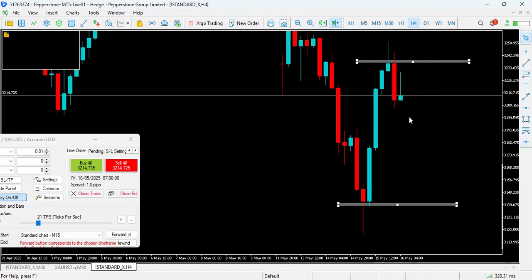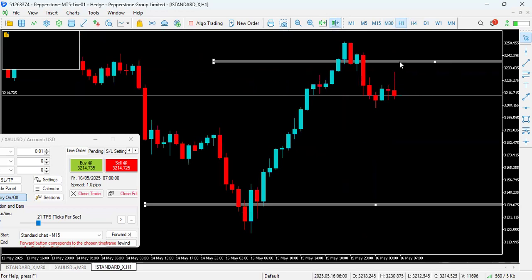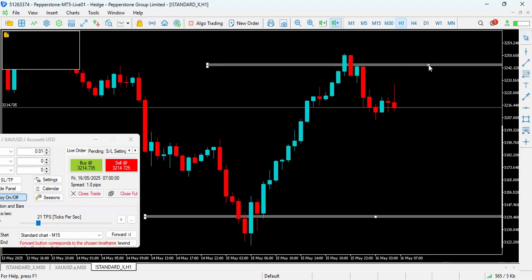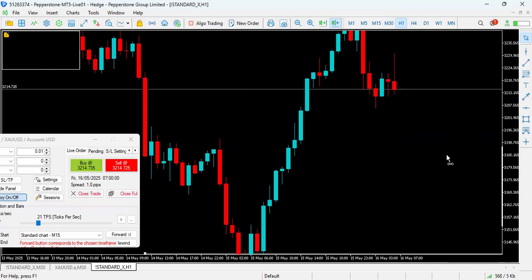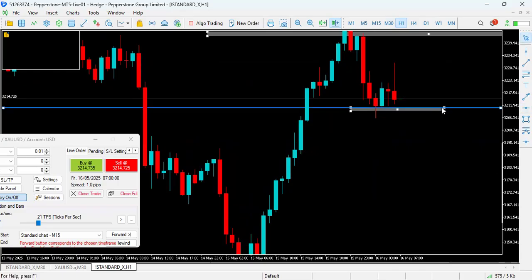All right. So from the 1 hour perspective, looking at it, you can see the most recent resistance would be at this point. Likewise, you get the most recent support at this point, which is at 32.10. So this is the most recent support.